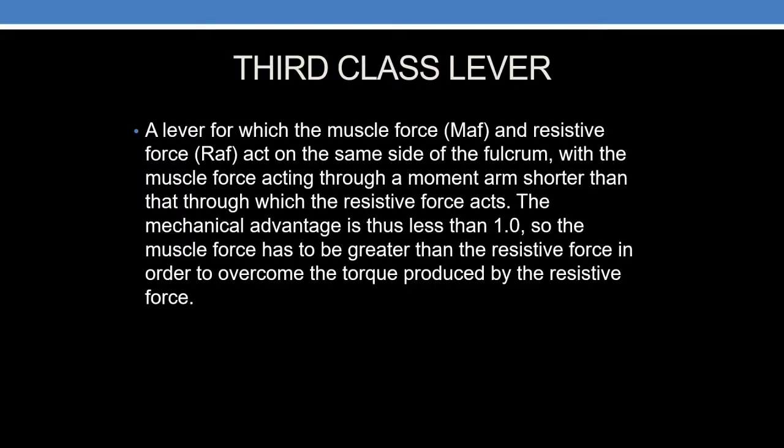Now, a third-class lever is a lever for which the muscle force and the resistive force act on the same side of the fulcrum, just like the second-class lever. However, in this case, the muscle force acts through a moment arm much shorter than that through which the resistive force acts.